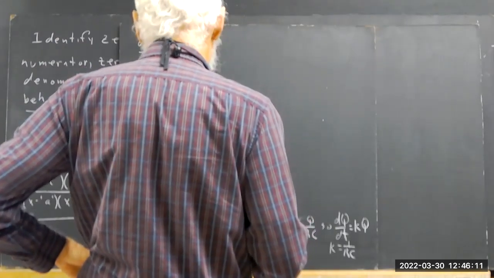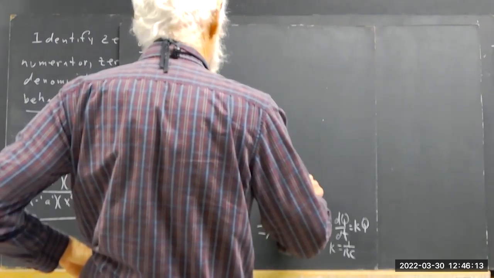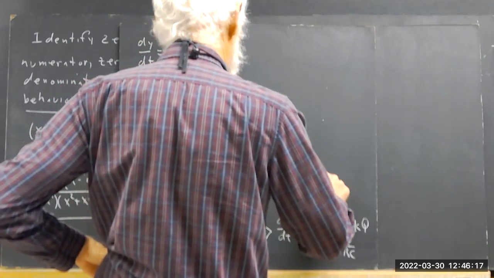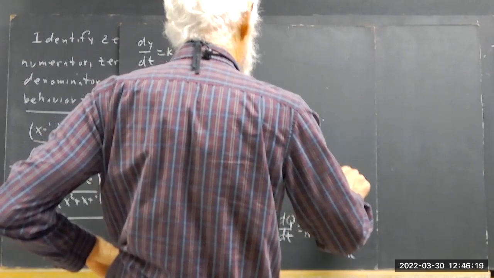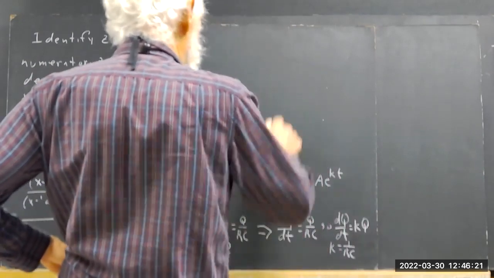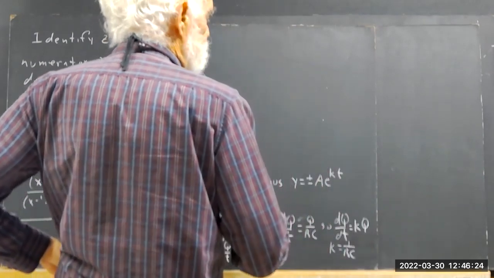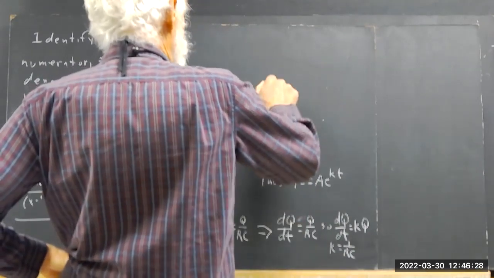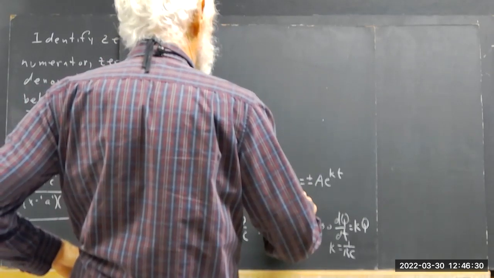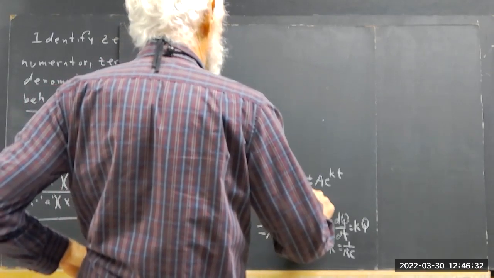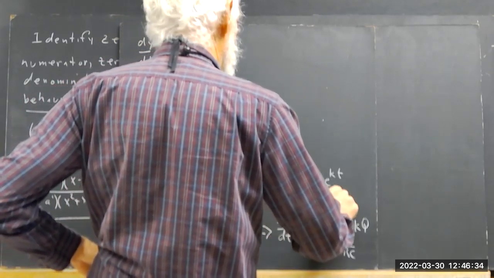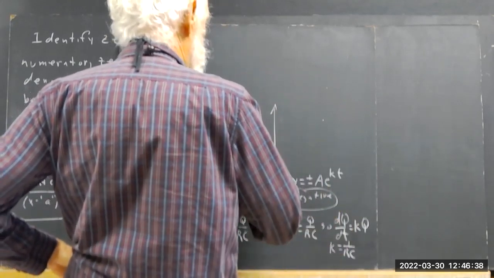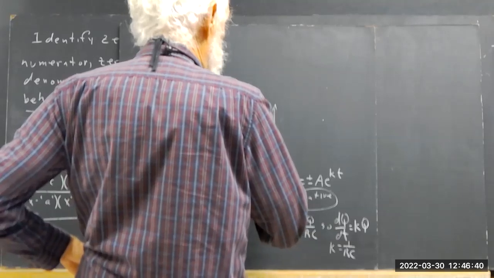Thus, if K is positive, well, let's just say K is negative. I won't go through the details of how to get the other stuff. How do you apply this?